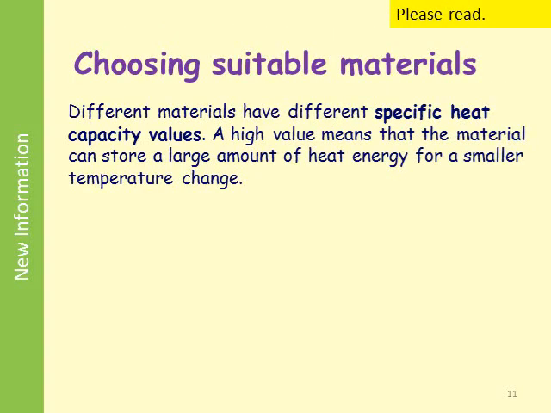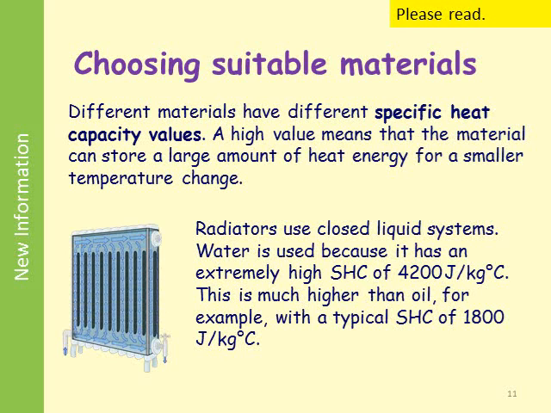Now, why would you need to know about specific heat capacity? Well, different materials have different values of specific heat capacity. So a high value like water means that that material can store a large amount of heat energy for a smaller temperature change. So for example, radiators use water because it's got a very high specific heat capacity.